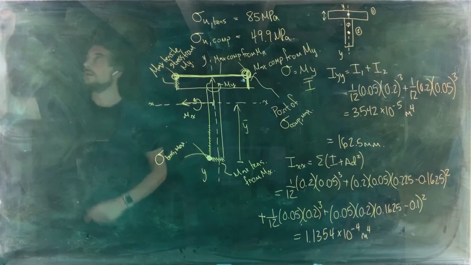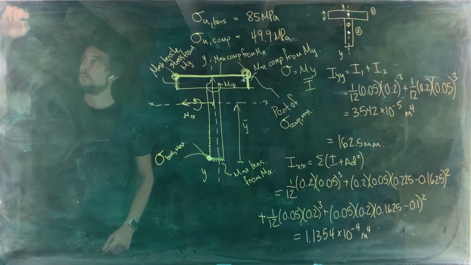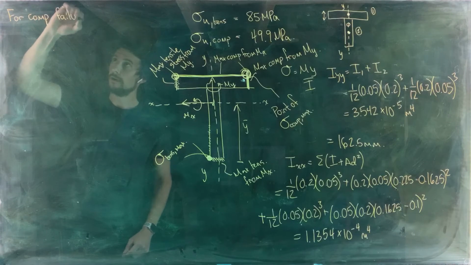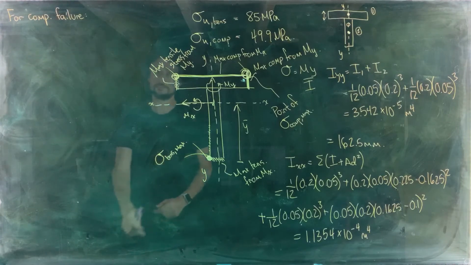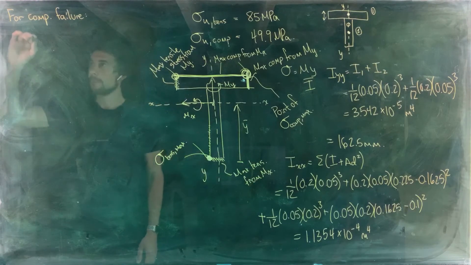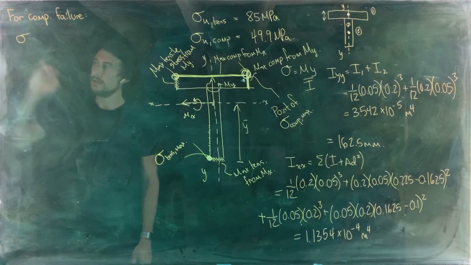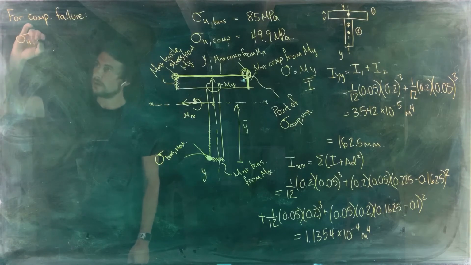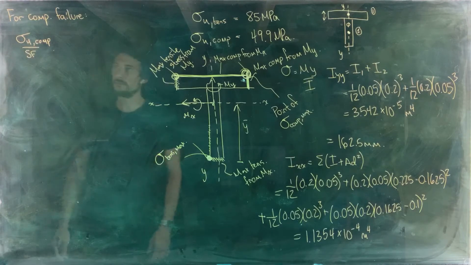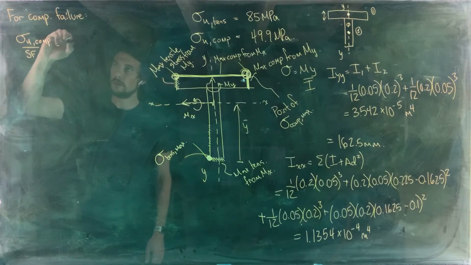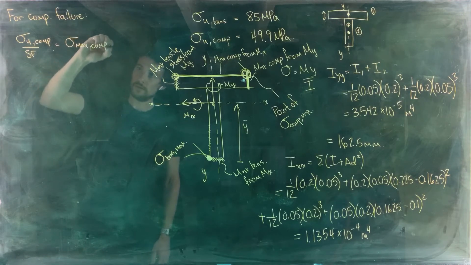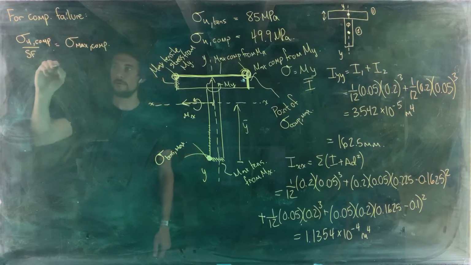Okay, so for compressive failure, what we want to do here is equate the compressive ultimate strength divided by our safety factor, right, to the maximum compressive stress that occurs in the beam, right?